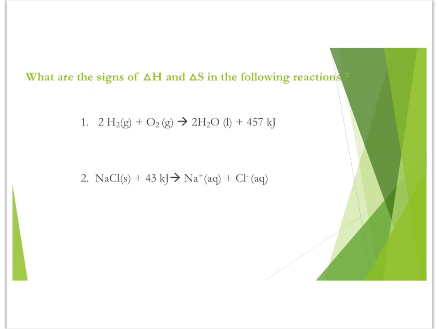So let's put those two things together. We'll look at enthalpy, which is energy, and entropy, which is randomness. And again, you do not need to know the symbol delta S. Just know that entropy is randomness. Let's look at the energy part first.